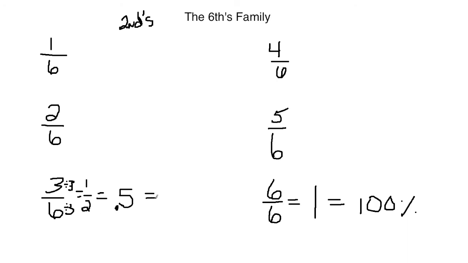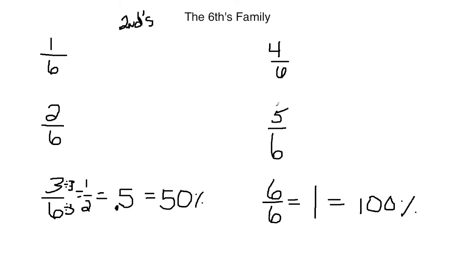And to make that decimal into a percent, you can either multiply it by 100 or just move the butt cheeks to the right, the decimal, 1, 2, and fill the empty butt cheek with a 0. And we have 50%.